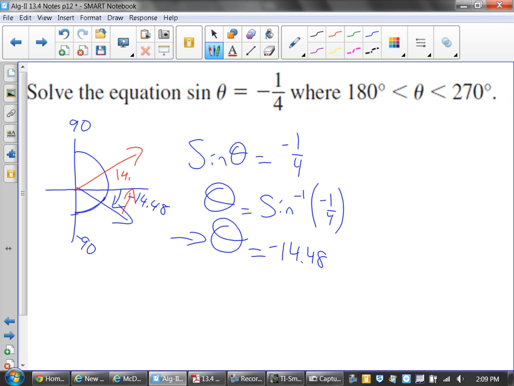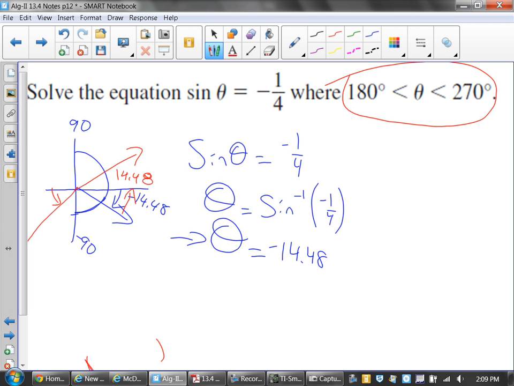If I want this angle to be in the third quadrant, I need to move it around. We've done this before by moving reference angles, by adding or subtracting 180 or moving it into 360. What do I do with this reference angle to get into the third quadrant to make it work?